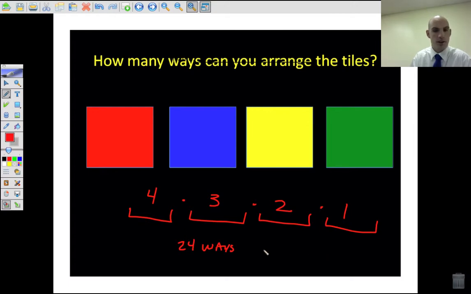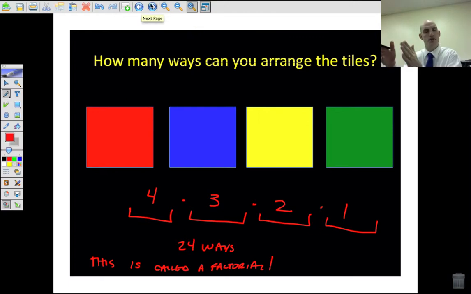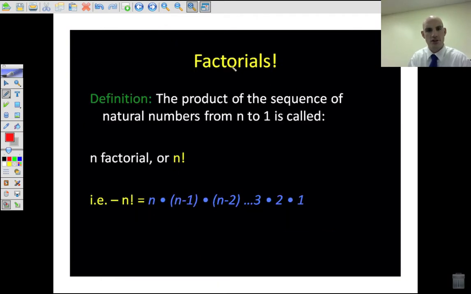Okay? This is called a factorial. A factorial is when you multiply consecutive numbers all the way down to 1. I'll show you how to do this. Factorials. This would be a great time to pause, write this down, and then hear the commentary.